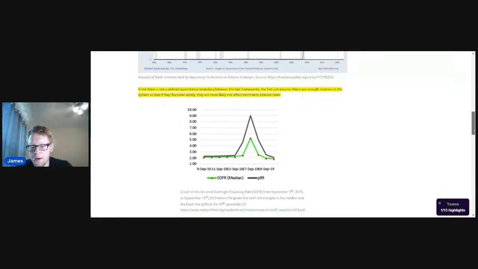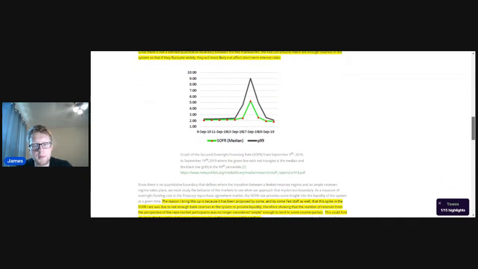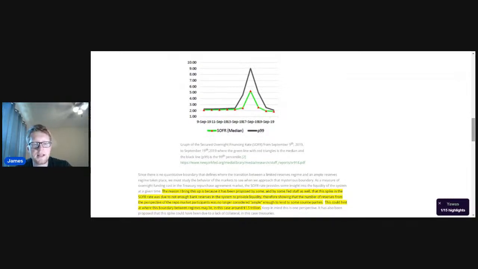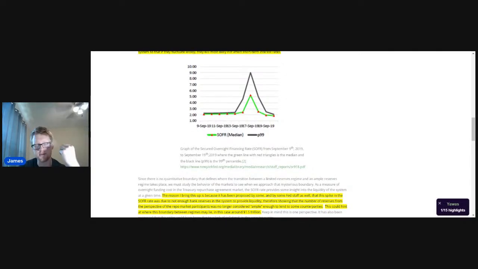Okay, and so one kind of proposal, in a way, of something that I found and I think might have some merit in an argument on seeing where that defining line is, is the repo spike, or the reverse repo spike, in interest rates and overnight lending in September 2019, right?